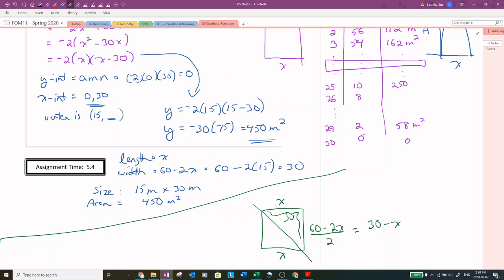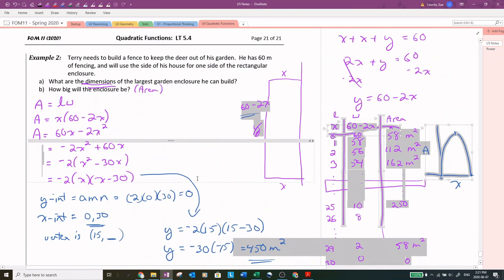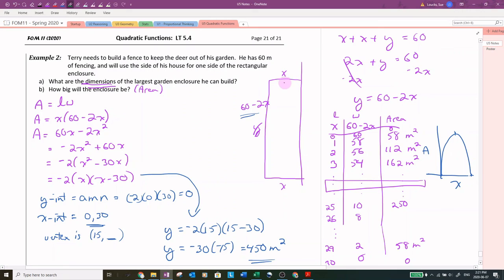I will tell you, so that you can check your answers, that when it's a freestanding enclosure, it always works out to a square, okay? And when it's against a building, like it was in our example up here, whatever this one is, this is always twice as big as it. Okay, so that's what the answer will be, but you have to show the work.